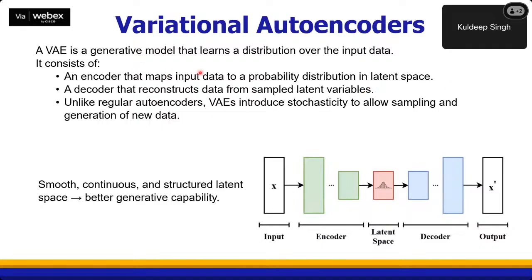So the encoder will give you a probability distribution in the latent space. In the decoder, the latent variables will be sampled from this probability distribution generated by the encoder, and then the data will be reconstructed back. So basically, we can say that a variational autoencoder gives us a smooth, continuous and structured latent space, which in turn gives us the generative capability for the data.